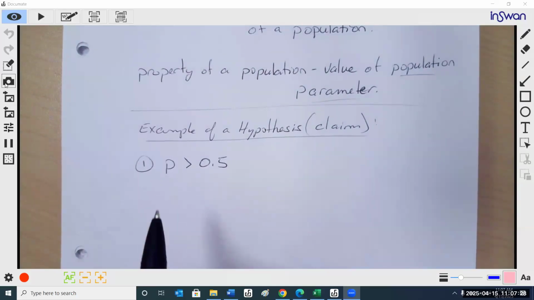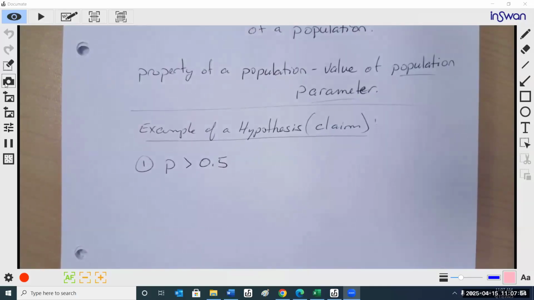What does P stand for? Not just population. What about the population? Because remember, we also had Q. It's okay.